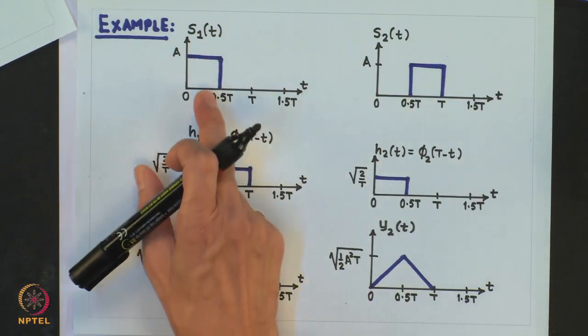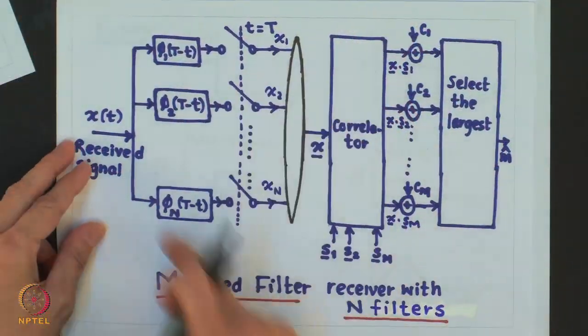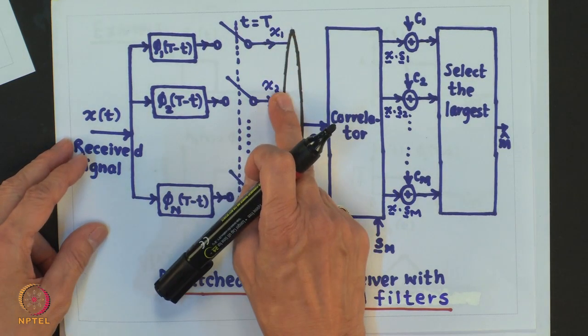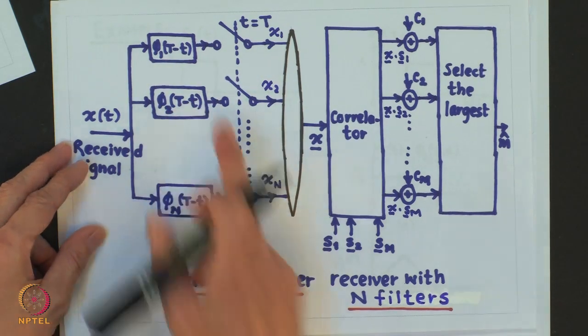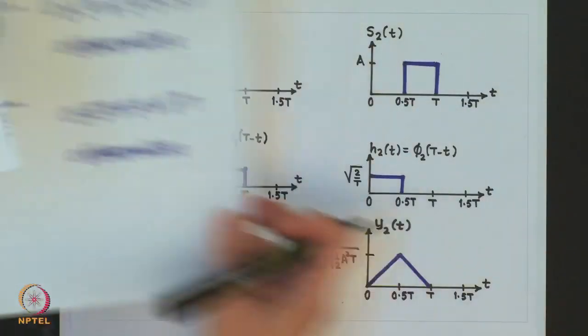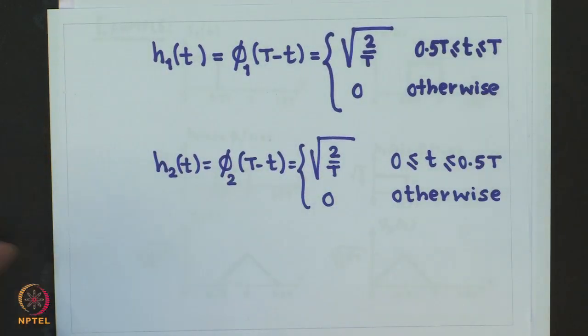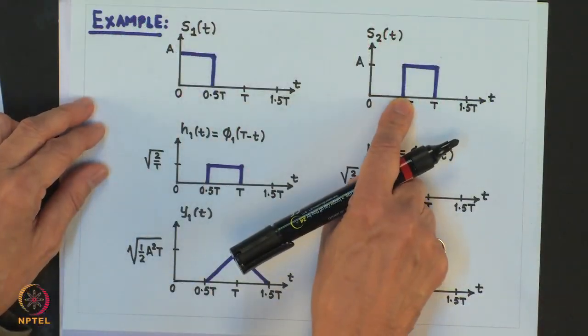Okay, fine. Having done this, if you were required to implement this using the matched filter implementation given by this block diagram, in our case n will be equal to 2. So, I will get x1 and x2, and I need to compute phi 1(T minus t) and phi 2(T minus t), fine. So from here I can get my h1(t), and looking at this figure also it is very simple. Look here, my phi 1(t) and phi 2(t) are this.